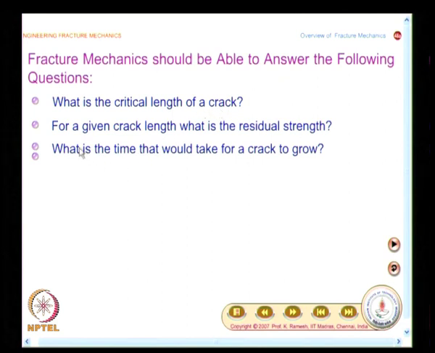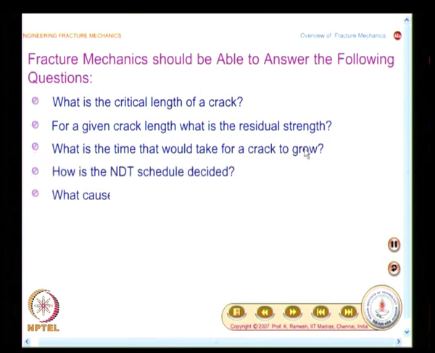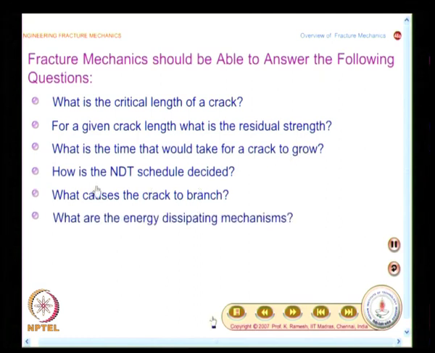The second question is, for a given crack length, what is the residual strength? Then what is the time that it would take for a crack to grow? And this is very important for you to answer the next question. The next question is, how is the NDT schedule decided?